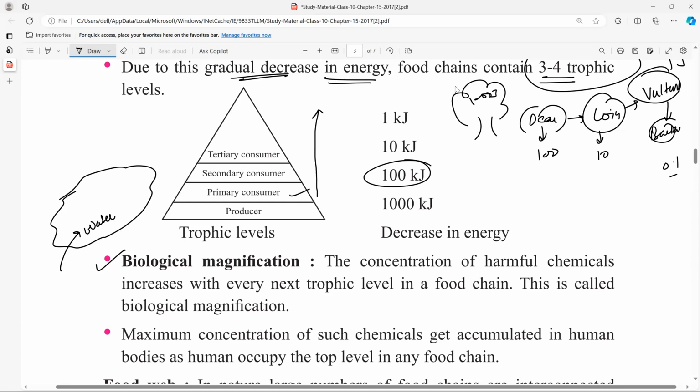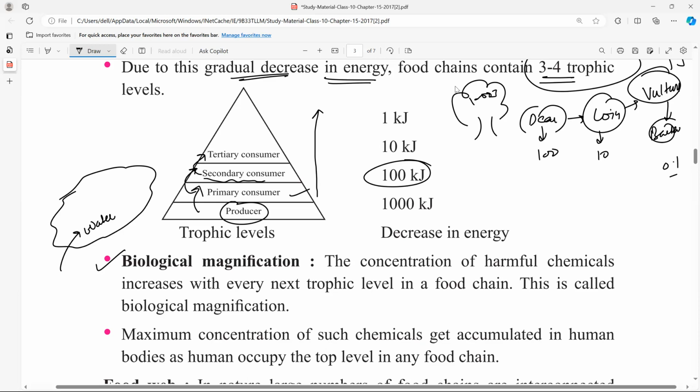For example, if we add urea or a harmful fertilizer to the plant, the primary consumer is going to get more concentration than the producers. The secondary consumer is going to get more concentration of that harmful chemical than the primary consumer, and the tertiary consumer is going to have more and more concentration of this harmful substance than the secondary, primary and producers.